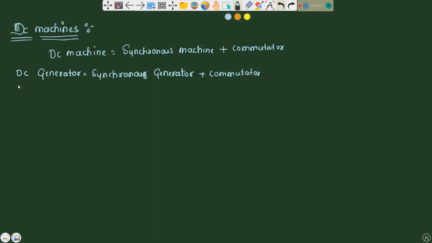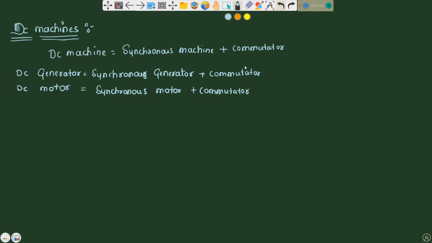Likewise, for DC motor, it will be synchronous motor plus commutator. So here the commutator is acting like a converter. Yes, correct?